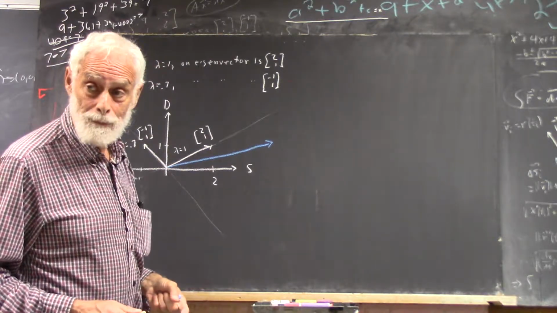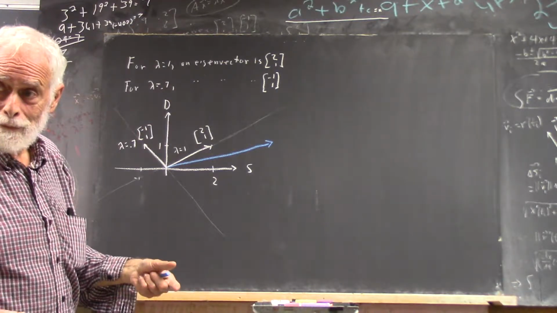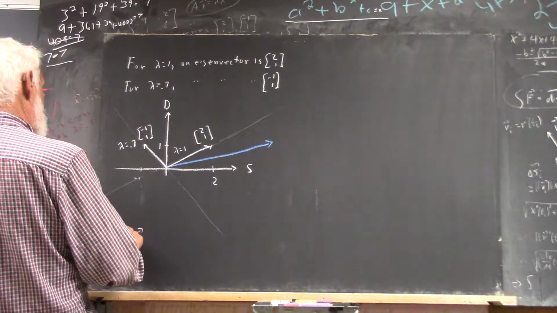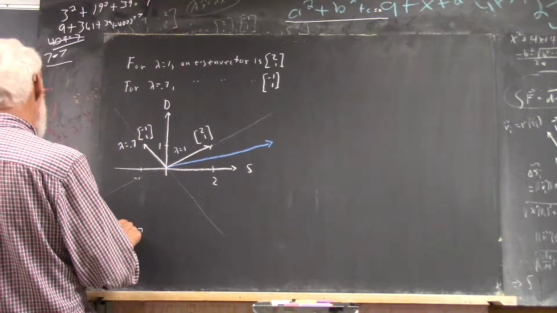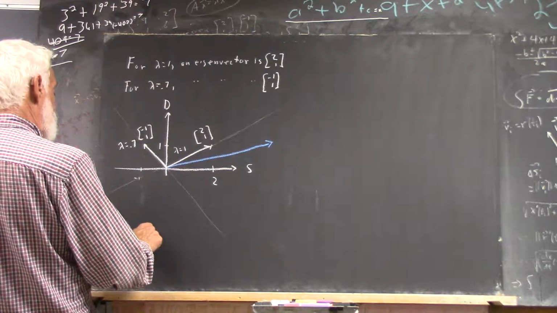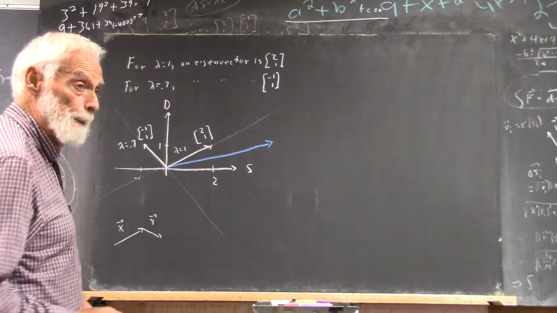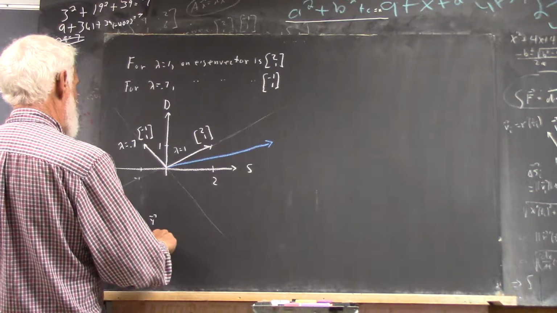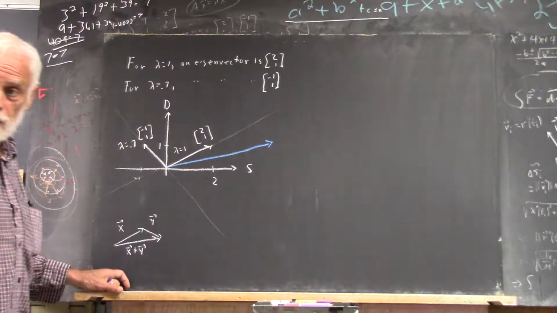Okay? Now this, we haven't talked a lot, maybe not any, about vector addition, but just a quick picture. If this is vector, trying to think of good letters to use. I don't use A and B because we're using them in different contexts. This is vector x, and this is vector y. Then this is the vector x plus y.